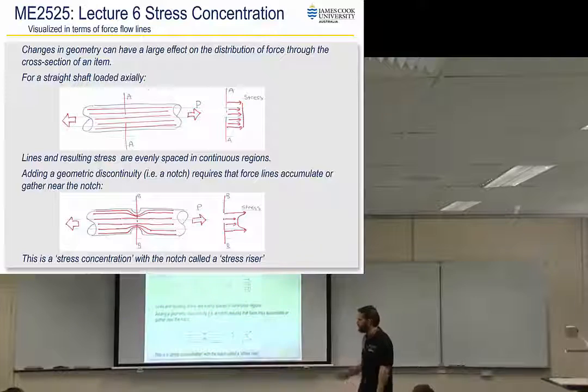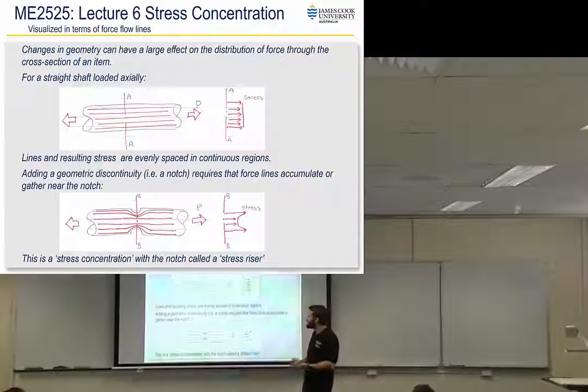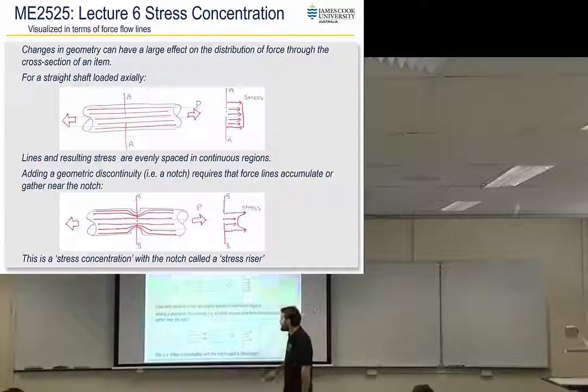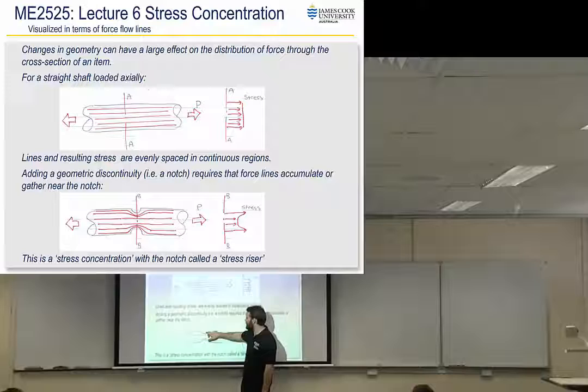We've talked about that. Now, if you introduce one of these geometric discontinuities, or a notch, or a crack, or a step in a shaft, or a corner, or really anything that changes that profile, those force lines change. The way that you distribute the load throughout the atoms changes. So let's forget about what shape this is for starters.